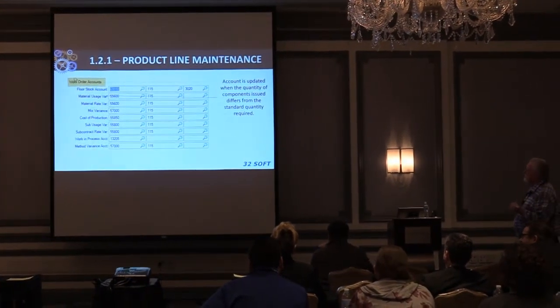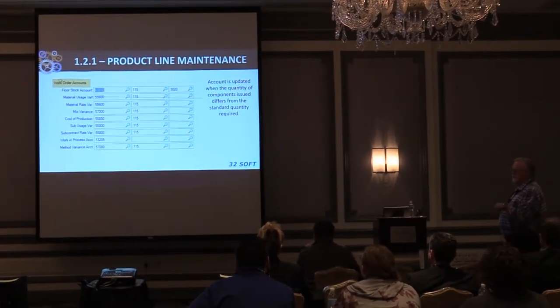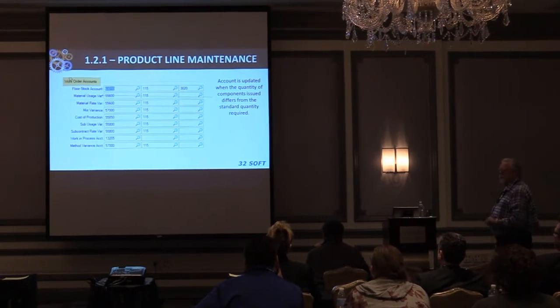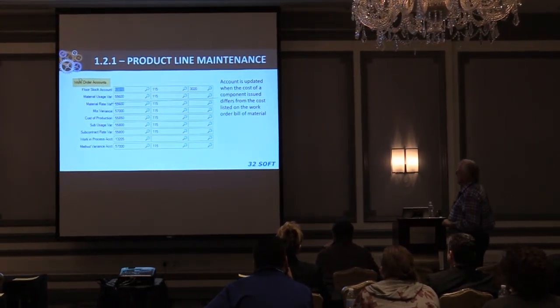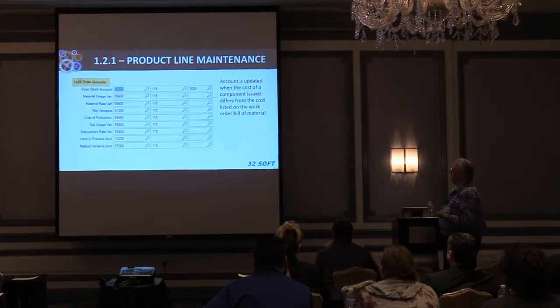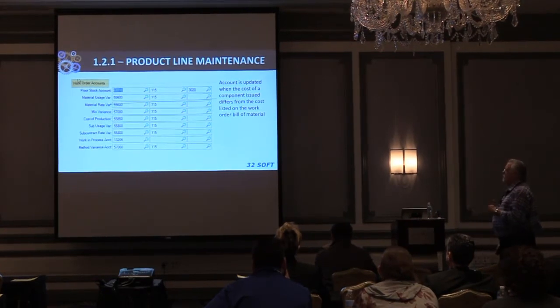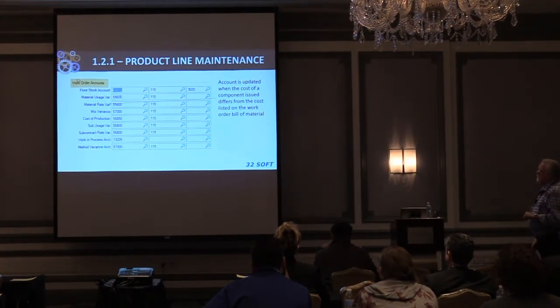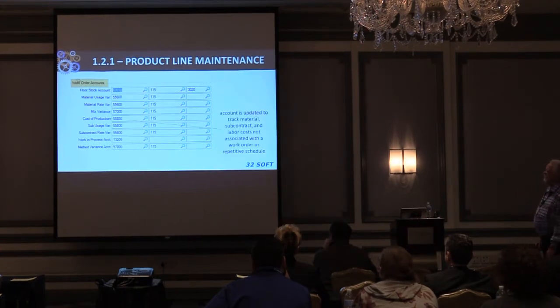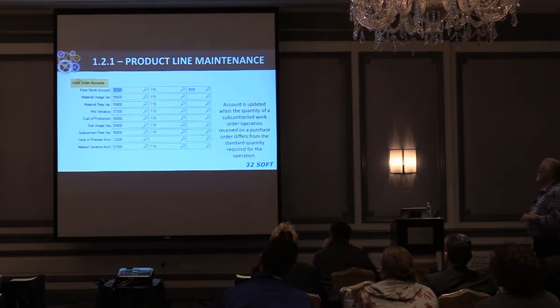There's the quantities of components that are issued versus the standard quantity required. There's rate, material rate variance, which is the cost of those components. Mixed variance is primarily for joint or core byproduct. I'm not spending any time on that, but cost of production, this is the account that's updated to track materials, subcontract costs associated with work orders or repetitive schedules.